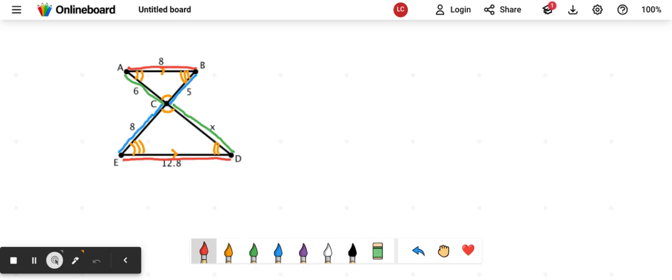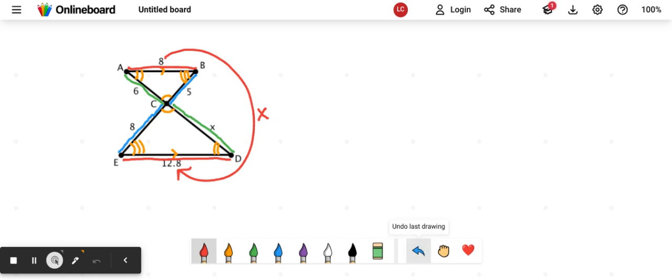So now my job is to figure out, well, how many times bigger is the bigger triangle compared to the small triangle? So I'm going to pick a pair of corresponding sides for which I know the side lengths. So my two red sides, so 8 and 12.8. I'm curious to know, well, how many times bigger is that triangle?